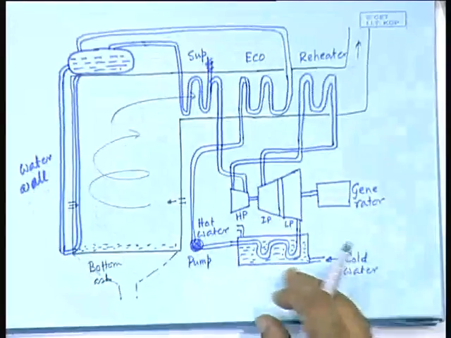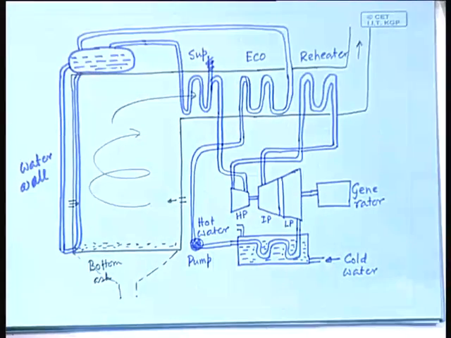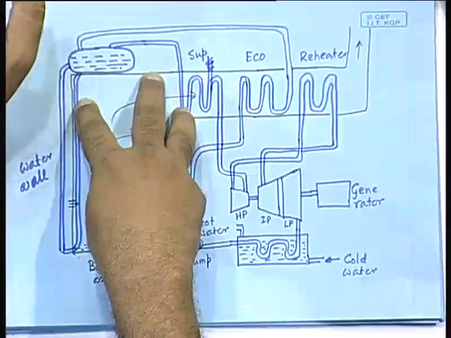The other problem is, okay, let's look at it from another angle. There are power plants in western India, especially in Maharashtra and Gujarat, where you have access to natural gas from Bombay High regions. Then you don't need the coal. What is put in here is essentially the natural gas and air mixture. So this is a very clean system, right?